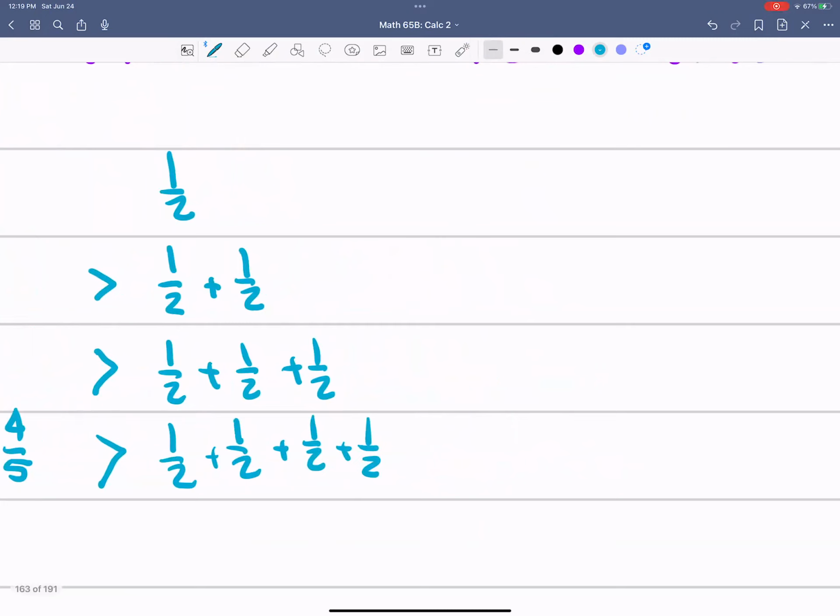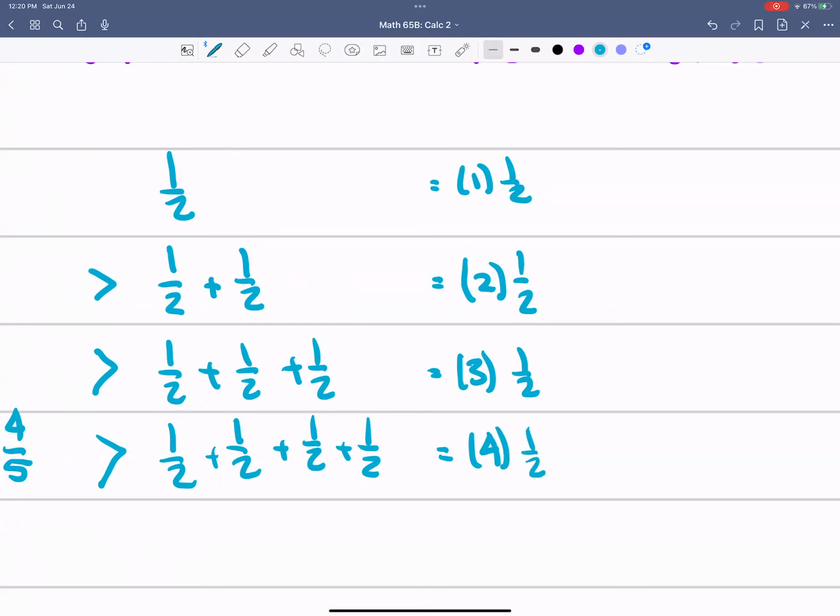For the first partial sum, we have 1 times 1 over 2. For the second partial sum, we have 2 copies of the same thing added together. Here we have 3 copies being added together. Here we have 4 copies being added together.